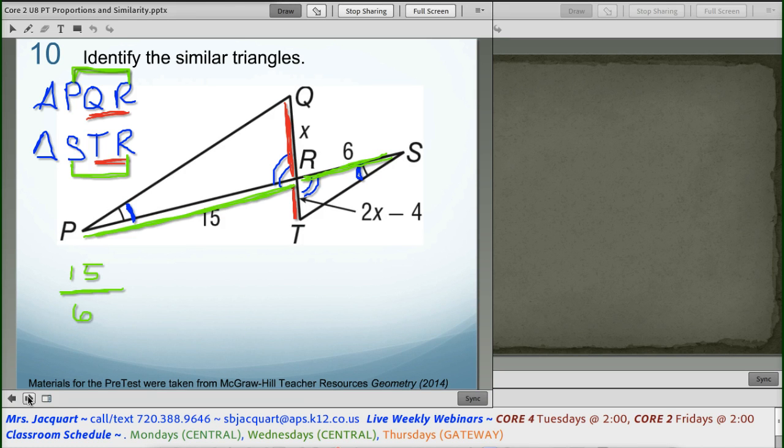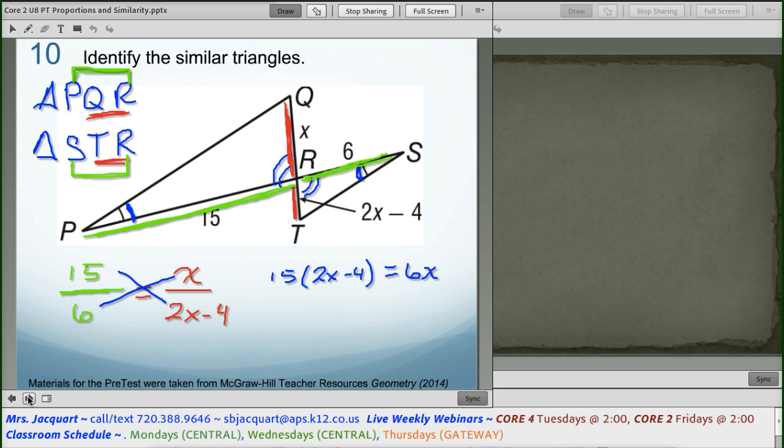Let's do our red ones, equals big over small. Let's cross multiply. Gives me 15 times 2x minus 4 equals 6x.